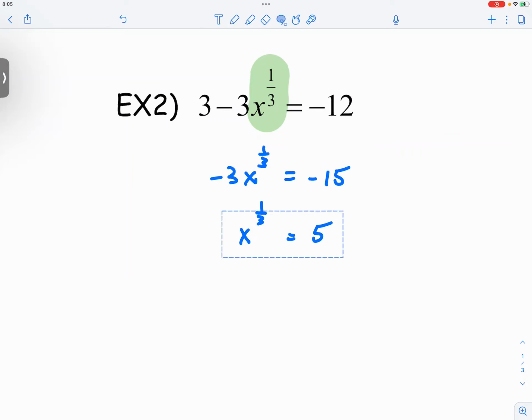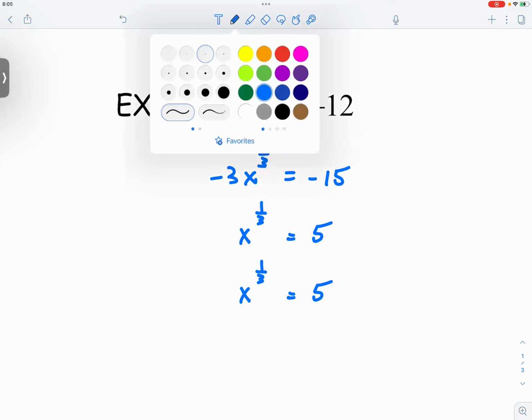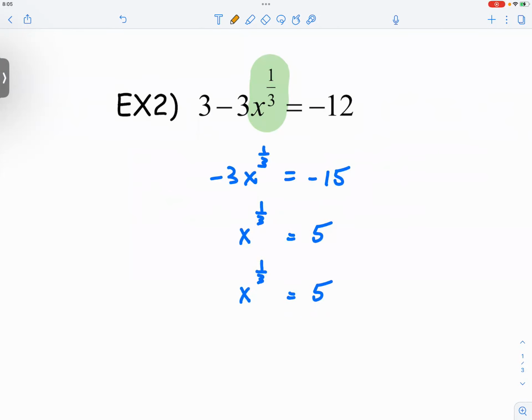And what do you do now? Let me write an extra line. The way you should think about this properly is, how do you make this exponent become 1? Well, how? This is the how.